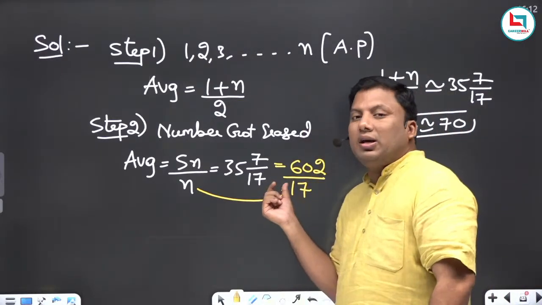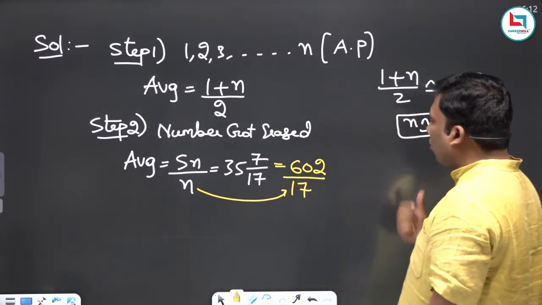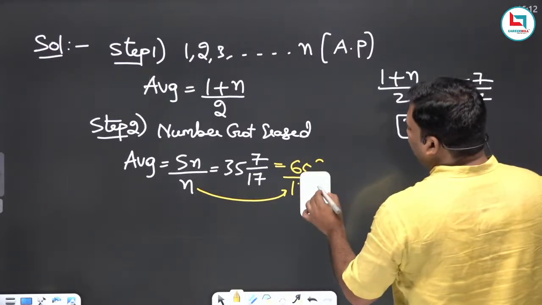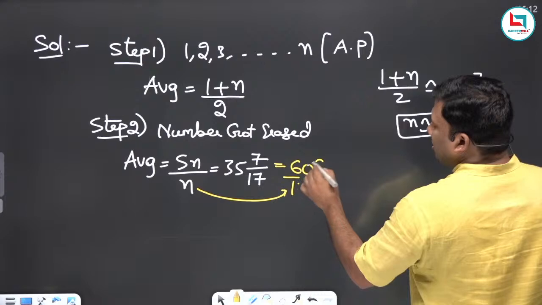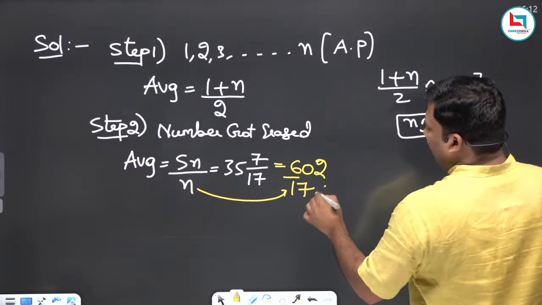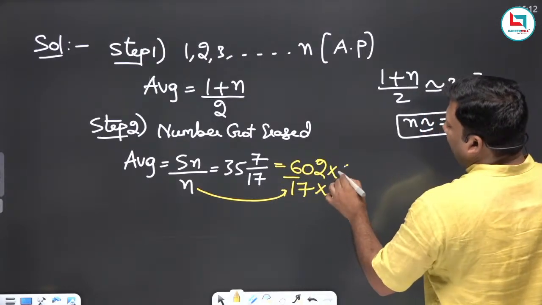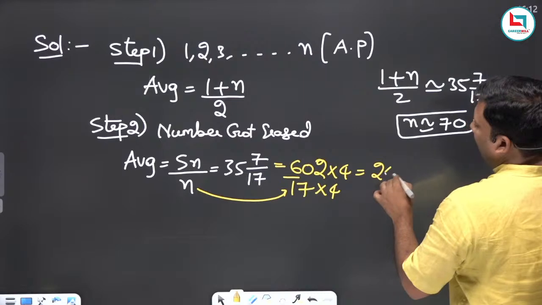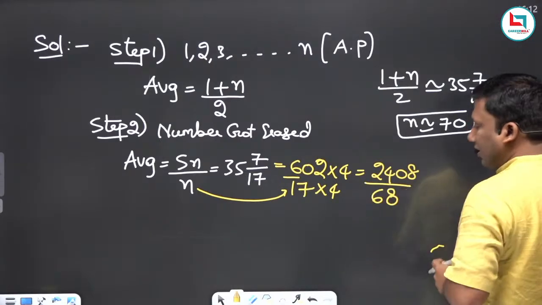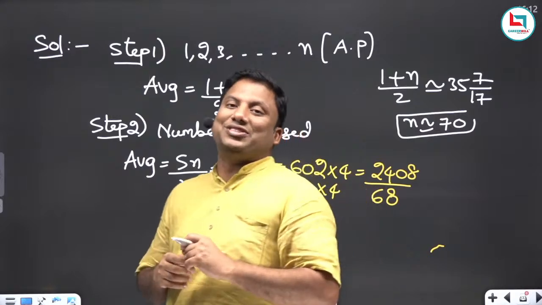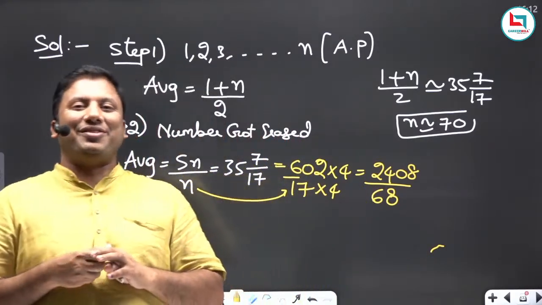What is the multiple of 17 that is closer to 70? 17 4s are 68. So this will be 602 divided by 17. I will multiply by 4. Why did I multiply by 4? Because n should be closer to 70.